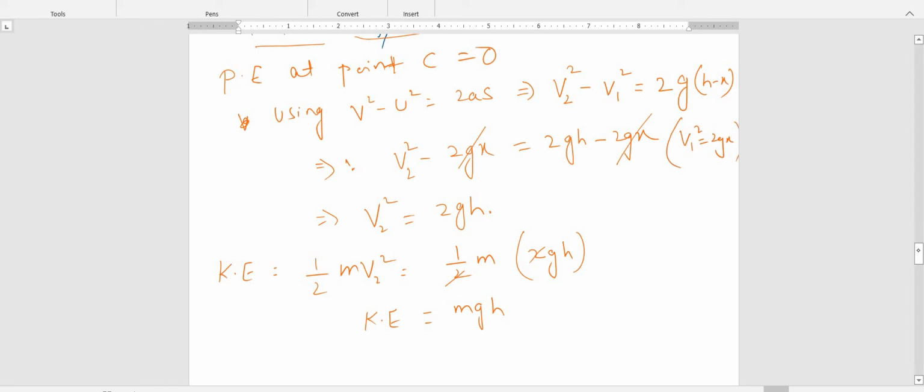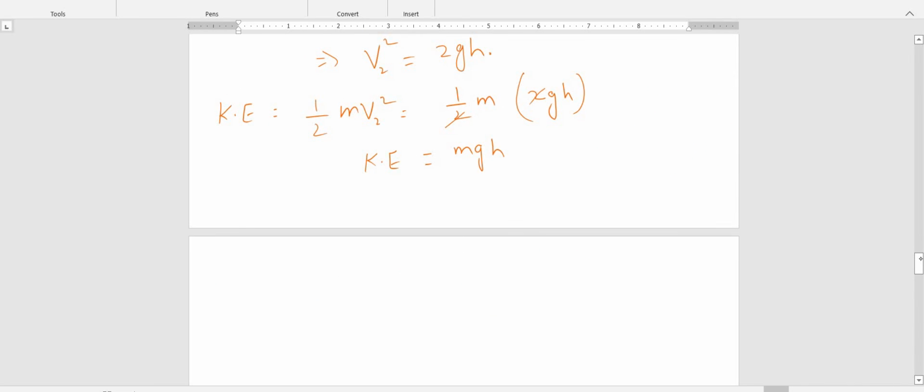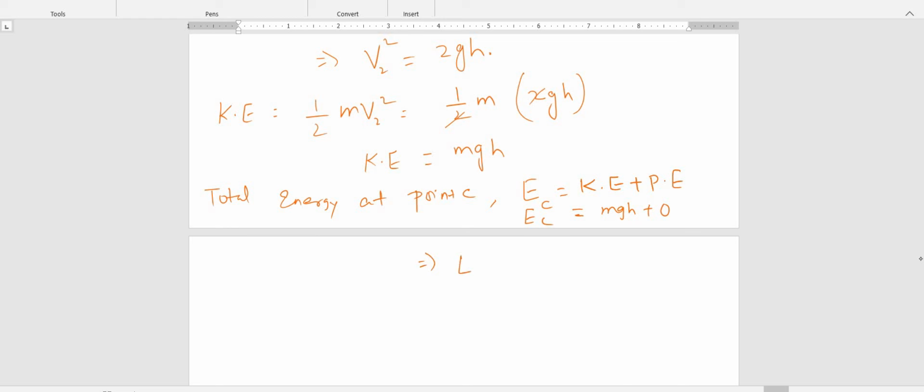Therefore what is the total energy at point C? Total energy at point C is, for example, EC is equal to the sum of kinetic energy plus potential energy. Potential energy is 0, no, kinetic energy is mgh. This gives me total energy at C is also mgh.